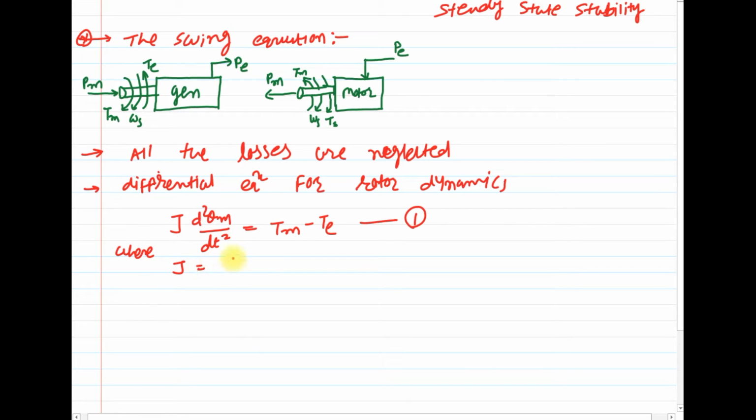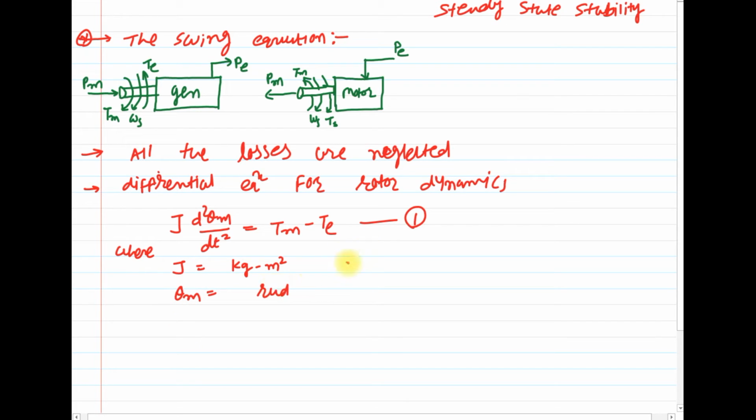So I can write over here, where J is equal to the rotor moment of inertia with the unit of kg into meter square. Next, theta m is equal to the mechanical angle in radian.